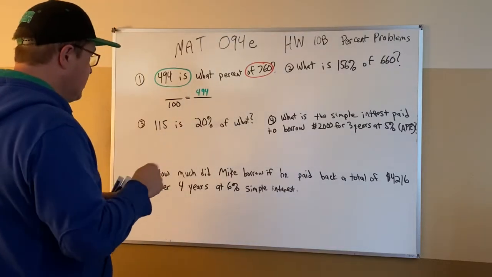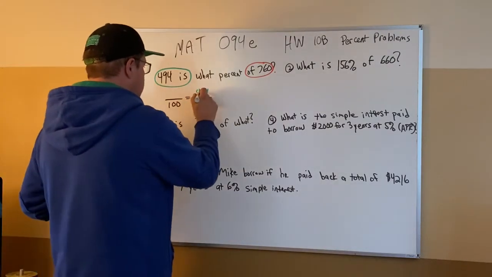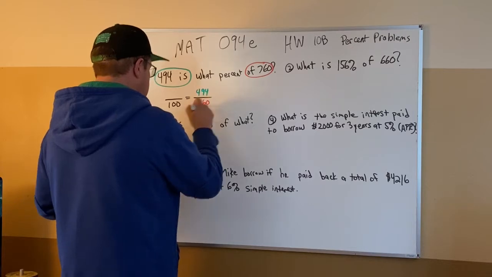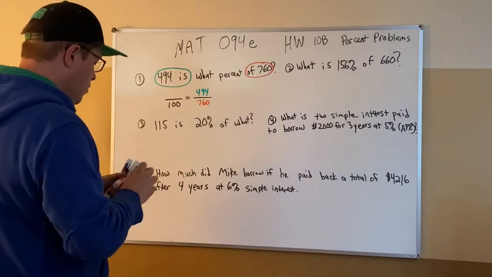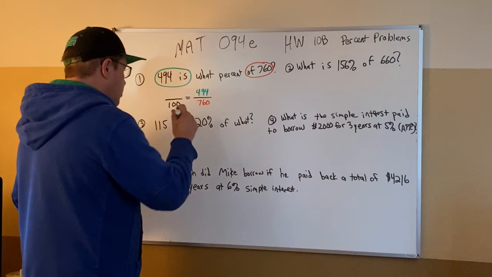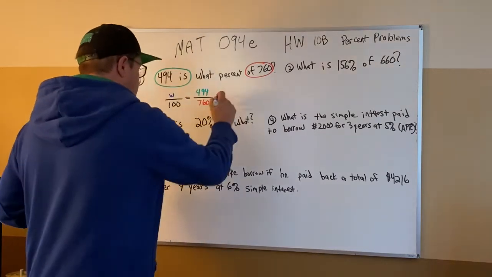The of is 760: percent over 100 equals is over of 760. And the one thing I don't know is this percent. You can put W, you can put P, I'll put W, and we'll look for what W equals.